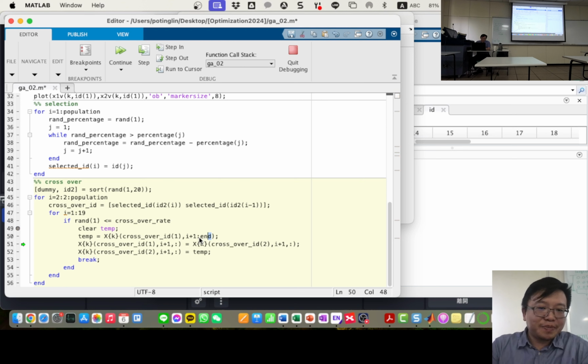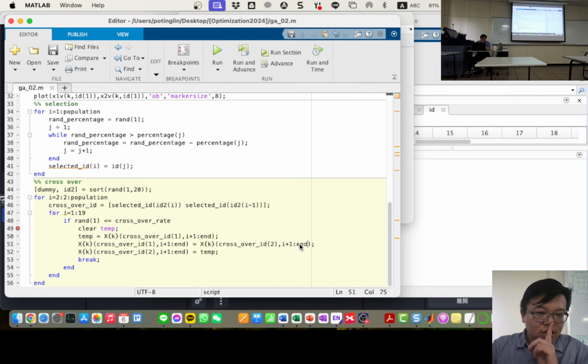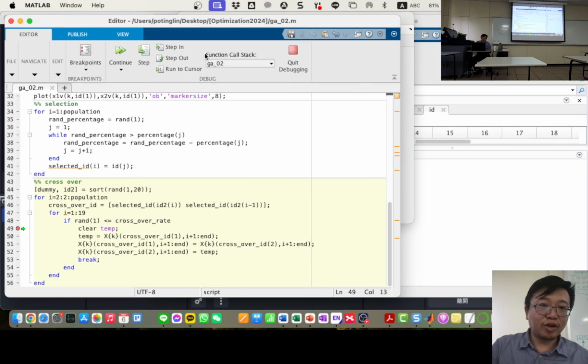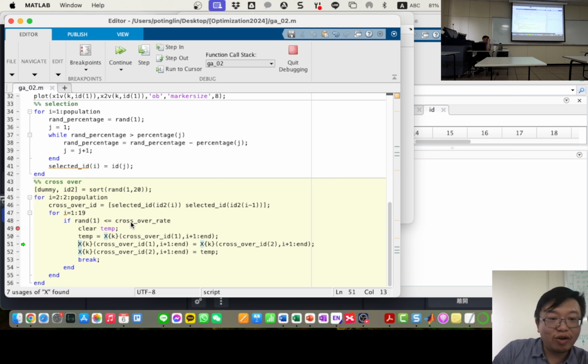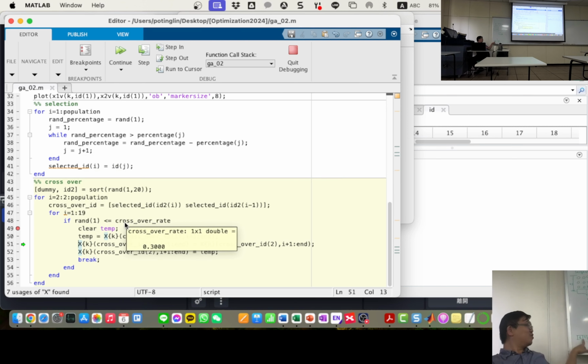Should be like this. Typo. Should be like this. 19. Okay. Do it again. Okay. So the temp would be some second half. Actually 19 of them. So at the first time, right at the first one, we decide to perform crossover. Okay, so crossover. After that, the break brings you to the outside of the for loop.